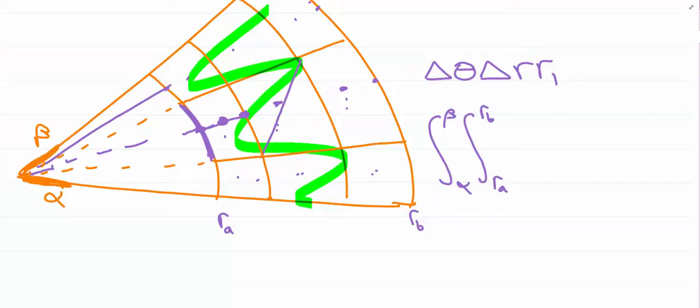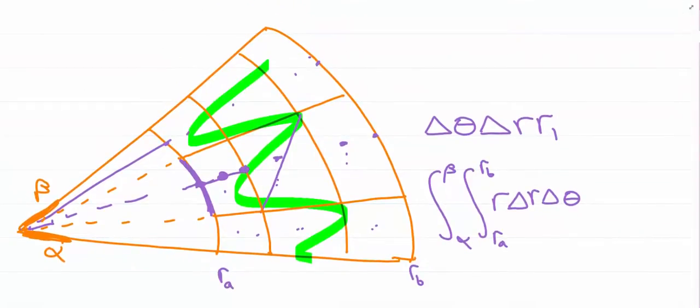We're taking sums, a double sum, and we are letting the number of little subdivisions go to infinity, or in other words, the size of the largest one go to 0. And what we get are these integrals. Do y'all see that? Now, this is going to be R dr d theta. So we get an integral set up like this. What this will do is give us the area of this little circular region here.